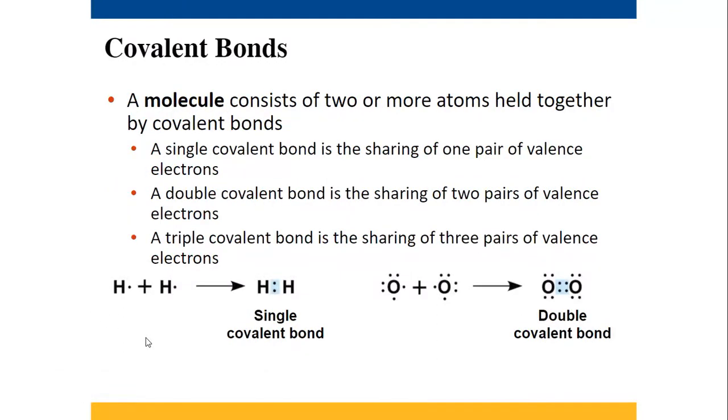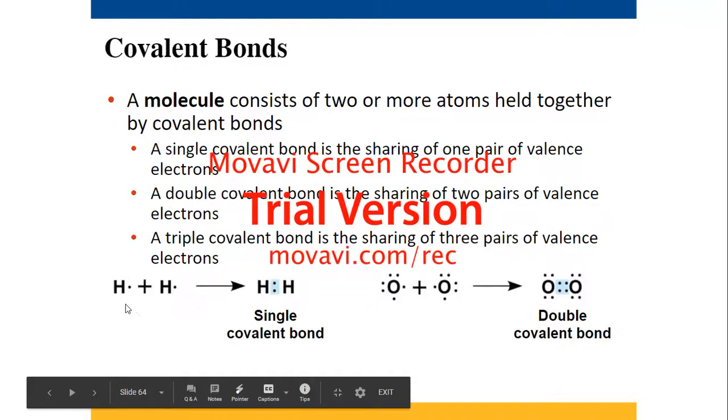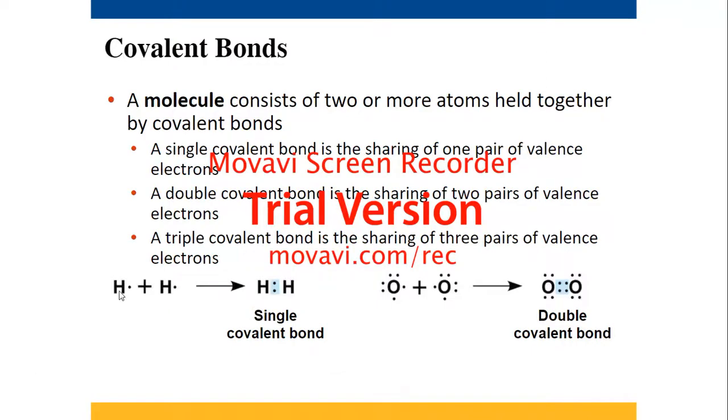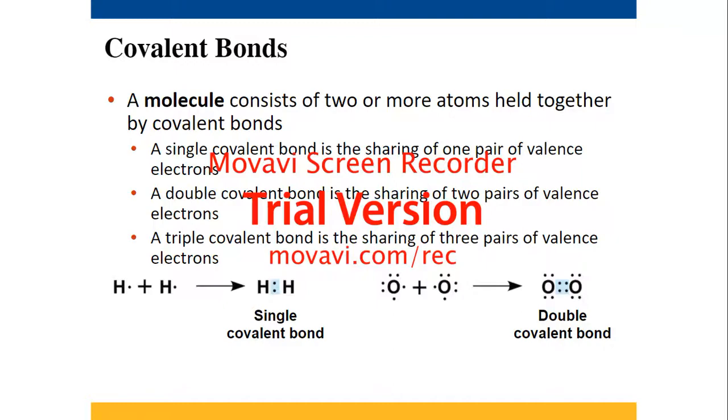All right, so for instance, they're showing you on this slide 2 atoms of hydrogen. Remember, hydrogen has 1 valence electron. I talked about electron negativity. These hydrogens are going to be about the same electron negativity, so one isn't strong enough to pull the electron from the other atom.